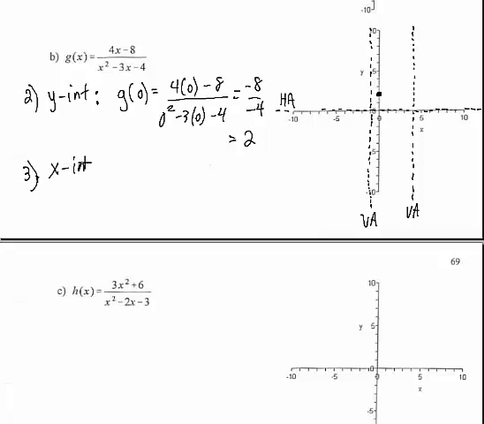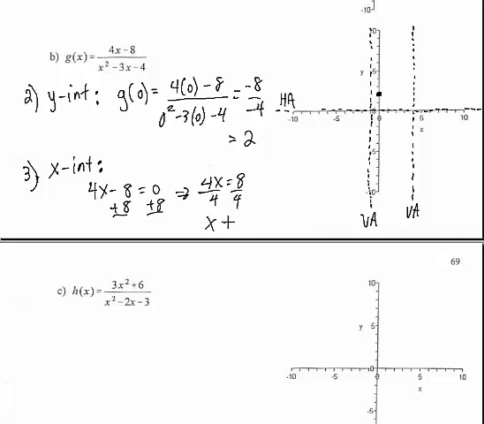And now for my x-intercepts, I simply take the numerator and set it equal to 0. I add 8 to both sides, giving me 4x equals 8.